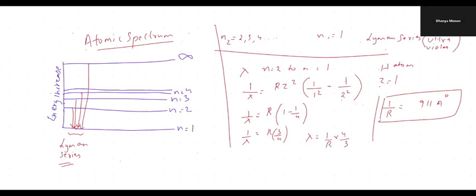Remember this value of 1 by R. So this is 911 times 4 by 3, which is equal to 1216 Armstrong, okay? So the value of wavelength when the electron jumps from n is equal to 2 to n is equal to 1 is 1216 Armstrong. Okay, now moving on further.